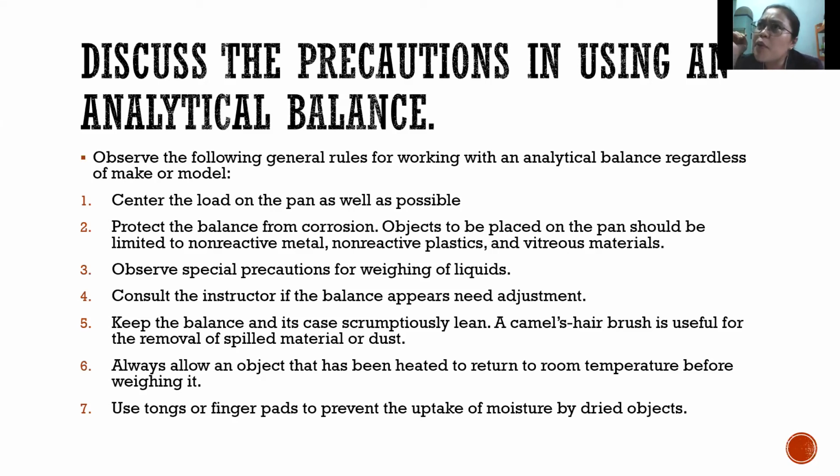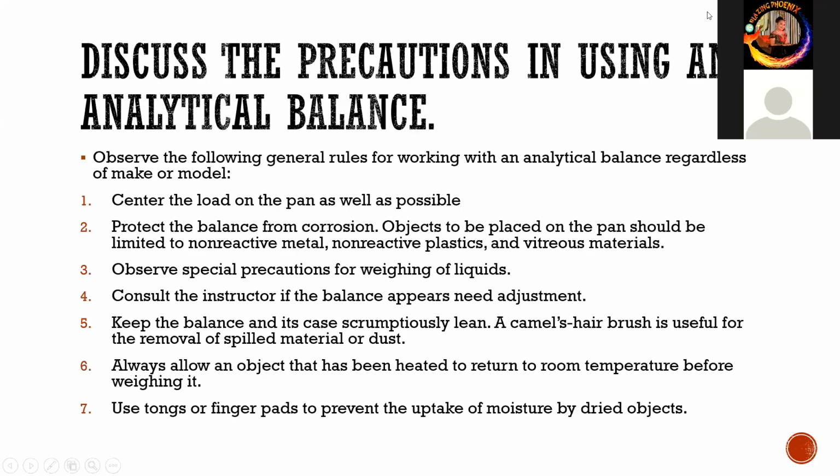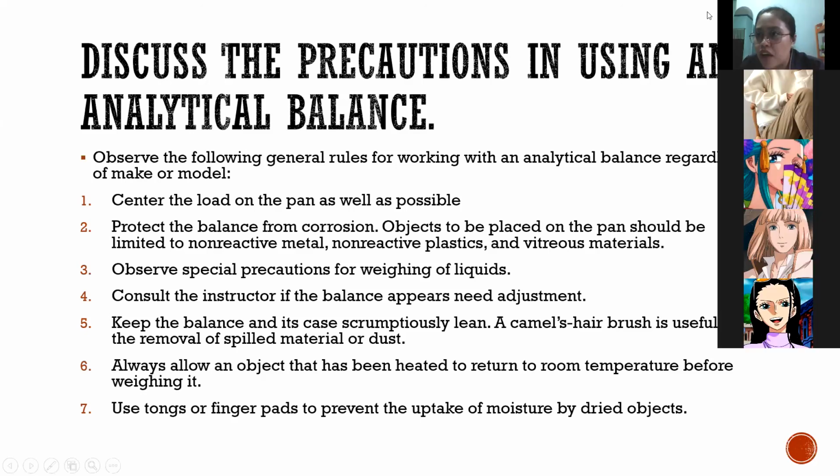Class, regarding the paper you use for weighing, be careful, because paper is made up of carbon. Especially if you are weighing an organic food substance, it will react with the carbon in the paper. So now a chemical reaction has occurred before you even started your experiment. Okay? And then observe special precautions for weighing liquids.